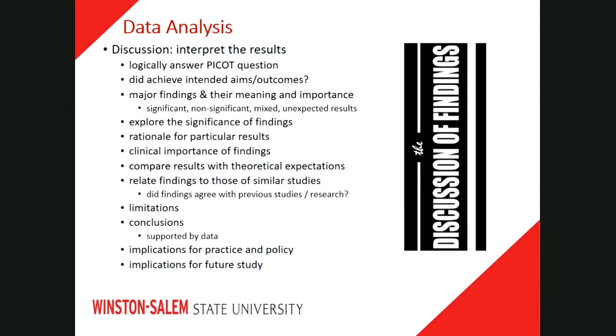Whatever they started out with as their purpose, and again, this goes back to study alignment. What was their question? What was their intervention? What were the outcomes? How were they going to collect those outcomes? How are they going to analyze those outcomes? Now, do these outcomes, the way they were analyzed, now answer the question?